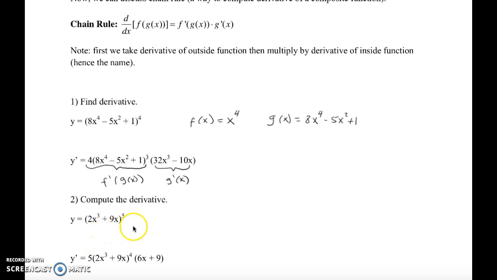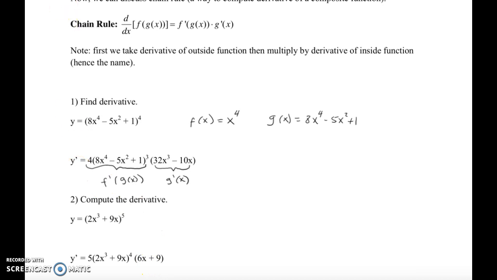Remember, f of x was x to the 5th. It's going to be 5x to the 4th, and wherever that x is, we're going to replace it with our g of x, which is our inside, and then we're going to multiply it by the derivative of this inside piece, our g of x, which is going to be 6x squared plus 9. I'm sorry, the squared is missing here. It should be 6x squared plus 9.